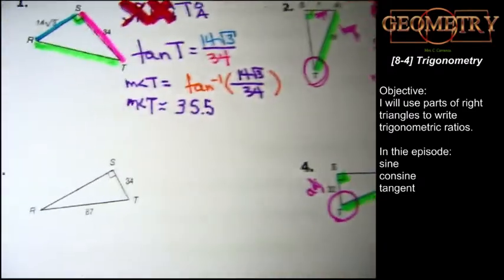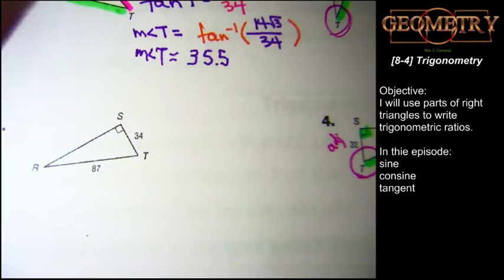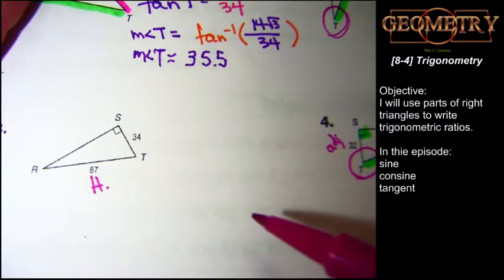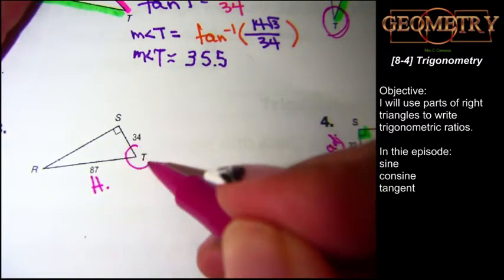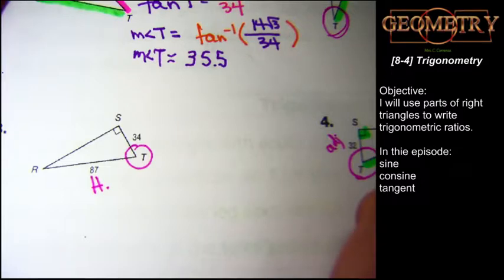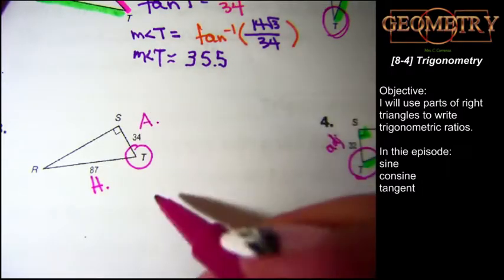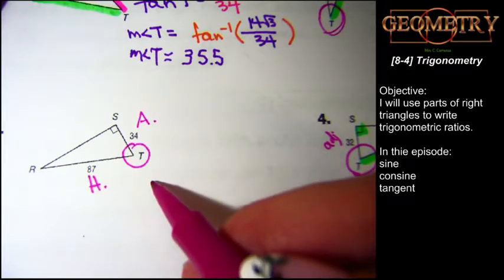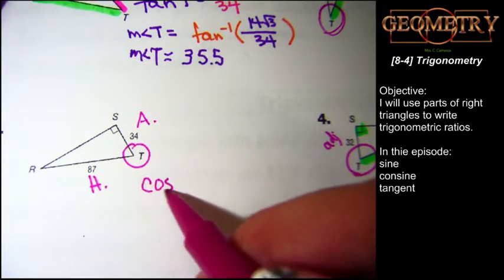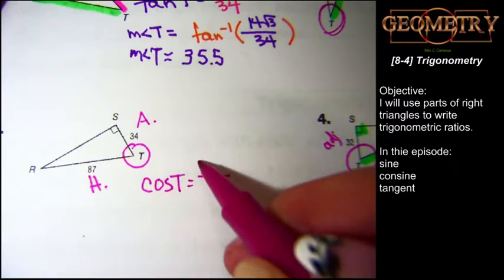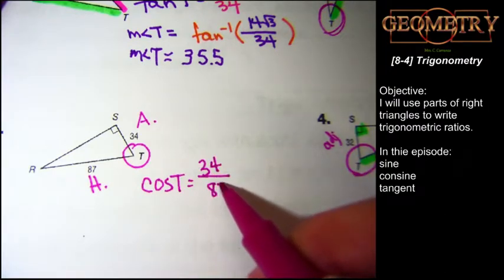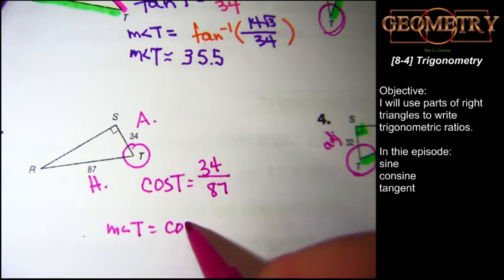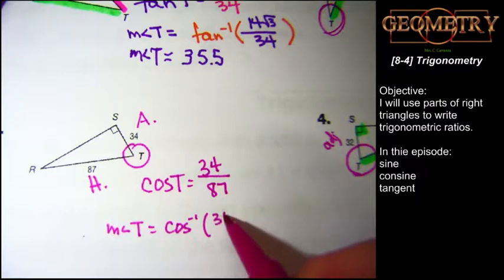Let's do number 3. Which one's the hypotenuse? 87. Here's T. Okay, so do we have opposite or do we have adjacent? We have adjacent, which means we have which trig function? Cosine. Good. Cosine is adjacent over hypotenuse. And so the measure of angle T is the inverse cosine of whatever that fraction was.